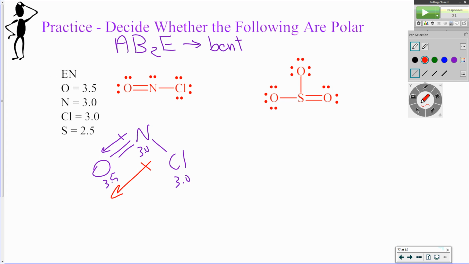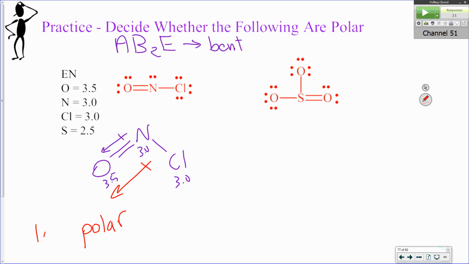So this would be something that is polar. I'd say a little polar, because this difference is only 0.5. It's not a huge polar bond, but we classify that as a polar molecule.